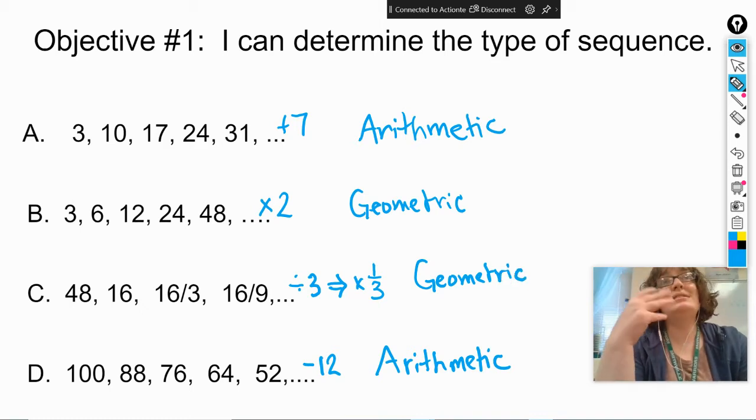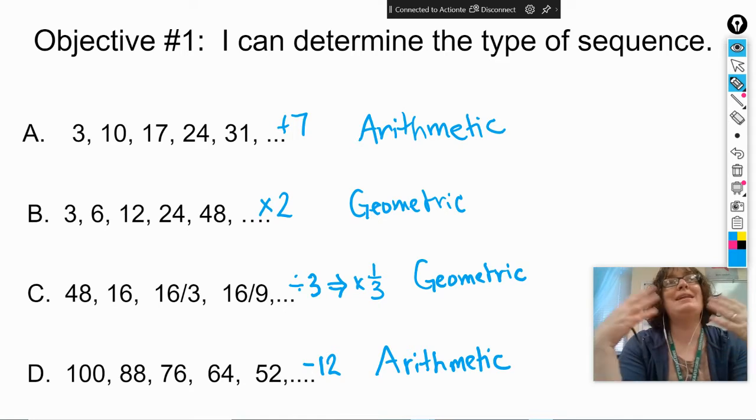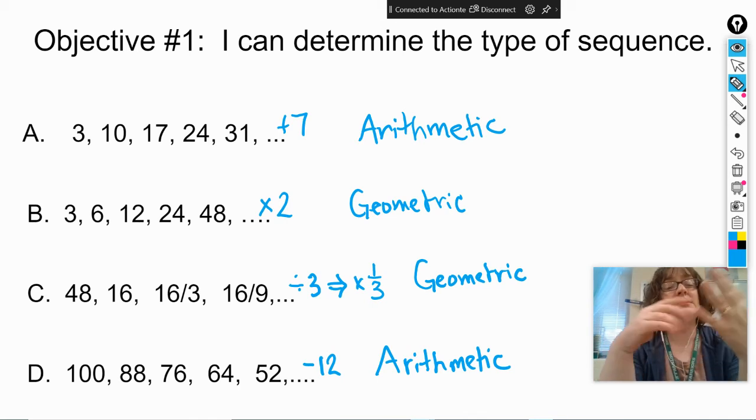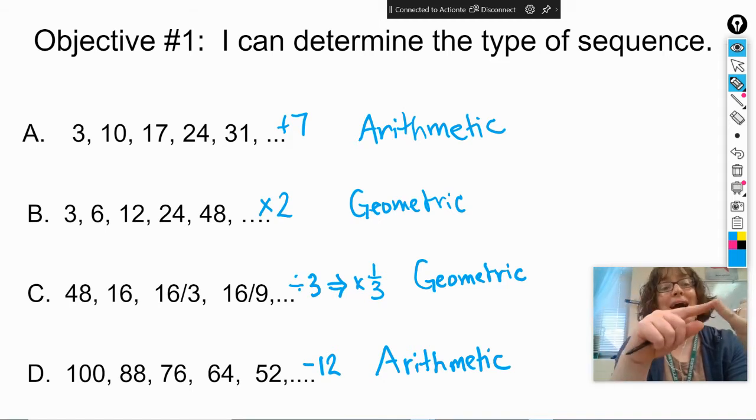Now, this should sound a little bit more familiar to what we're talking about with exponential equations, because remember, exponential equations happen by taking that base multiple times. And so by multiplying that base multiple times, that forms an exponential equation. So when we are asked to do objective number one, determine the type of sequence, what we are specifically looking for is whether the sequence is formed by consistently adding or subtracting the same number over and over.